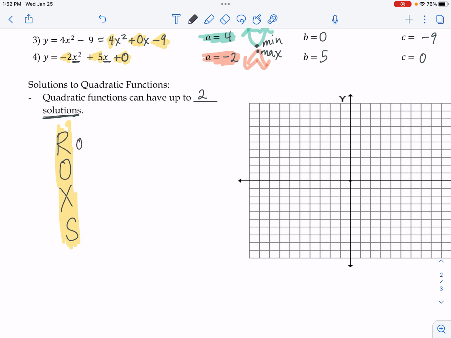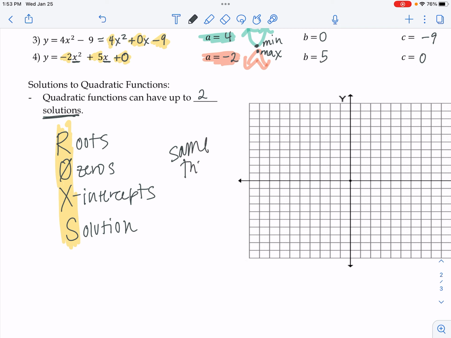And so one of them is called roots. The other is zeros. We call them x-intercepts. And we call them solutions. Same thing. They're the x value when y is 0.